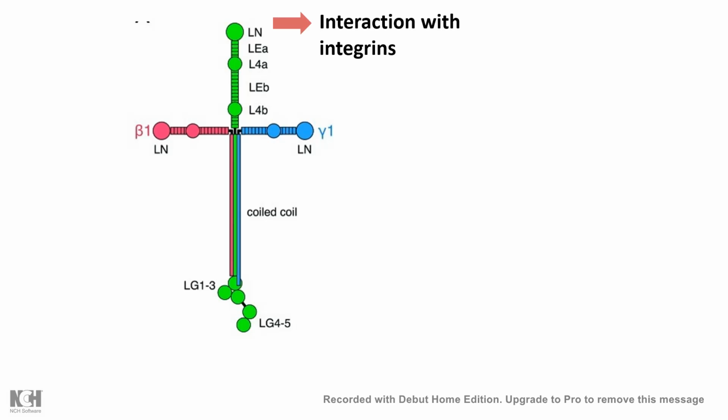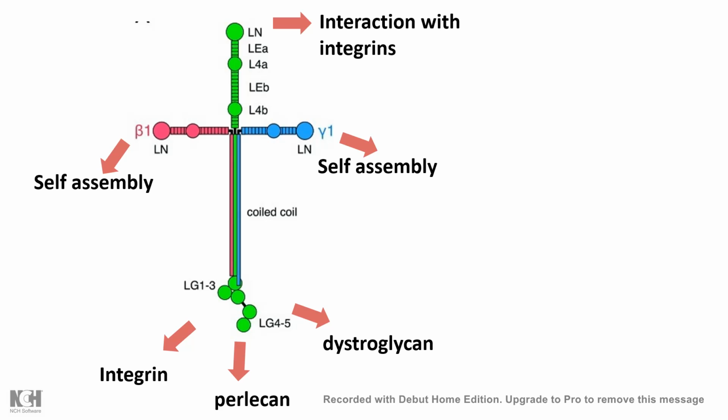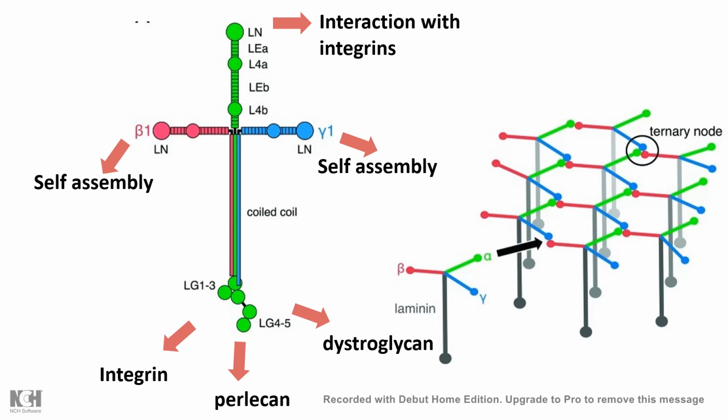The alpha domain helps to interact with the integrins, whereas beta and gamma domains help in the self-assembly process. The end of the coil domain can interact with integrins, perlecans, and dystroglycans. All these interactions ensure a laminin network is formed.